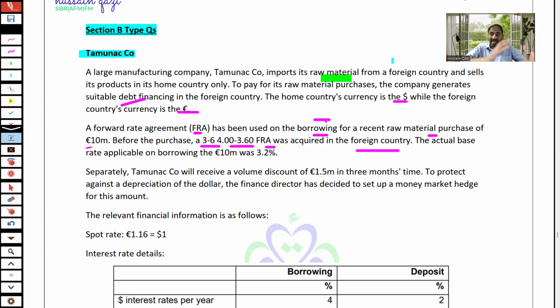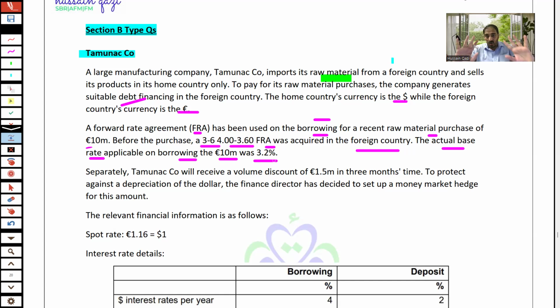Number 2, 4-3.6: 4 is the rate of interest, 3.6 is the rate of interest. Very basic rule: the higher rate is the borrowing rate, the lower rate is the lending rate. The actual base rate applicable to borrowing 10 million euro is 3.2%.